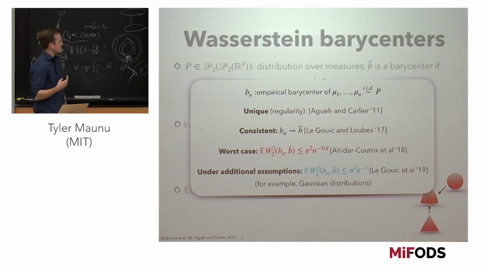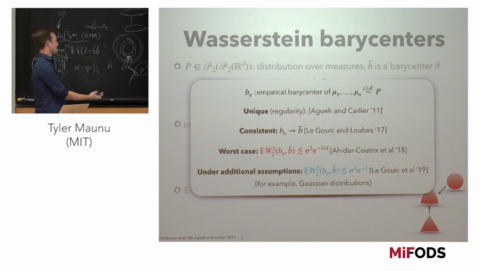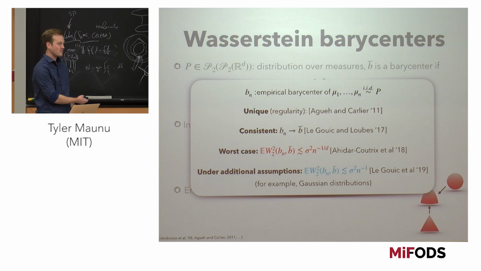However, if I want guarantees on finite sample sizes, at worst, you have this n to the minus 1 over d type factor, which is what you saw in John's talk. So even estimating Wasserstein distances is hard. As we see, the estimation of a barycenter over Wasserstein space is also hard.